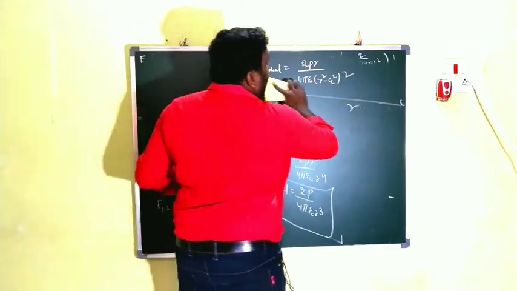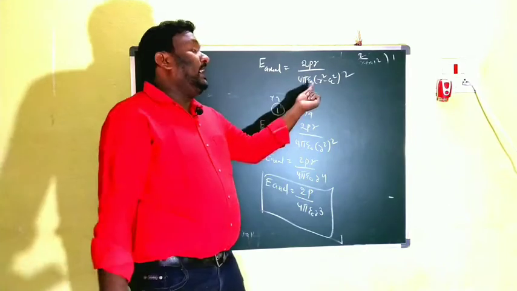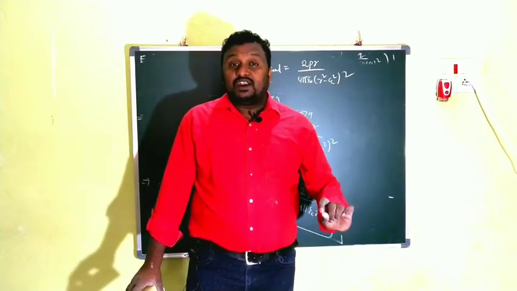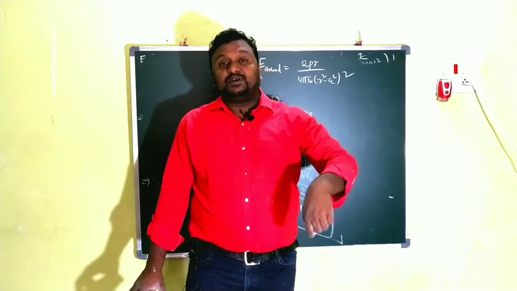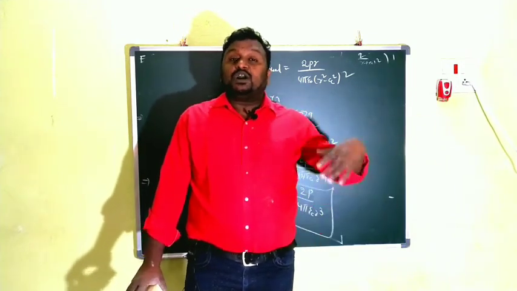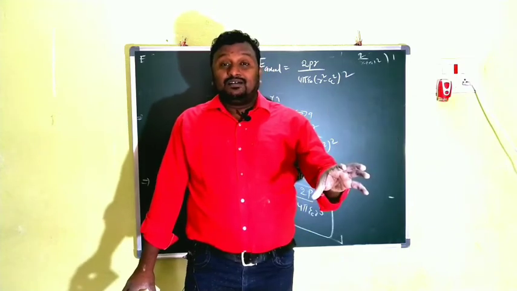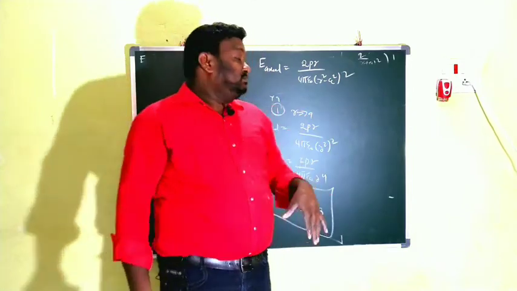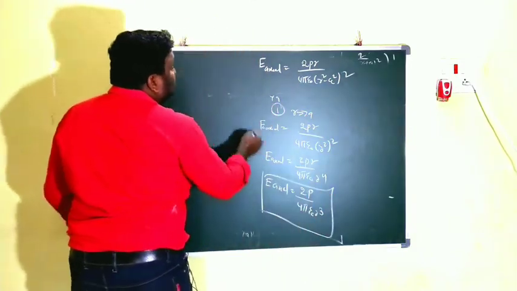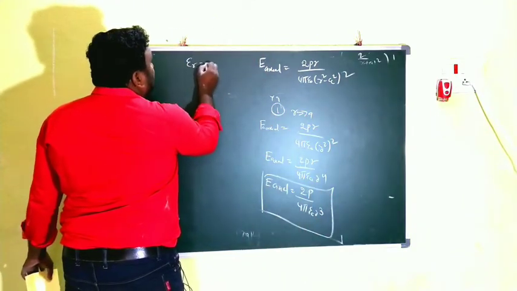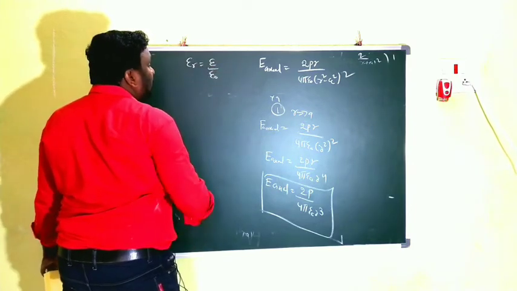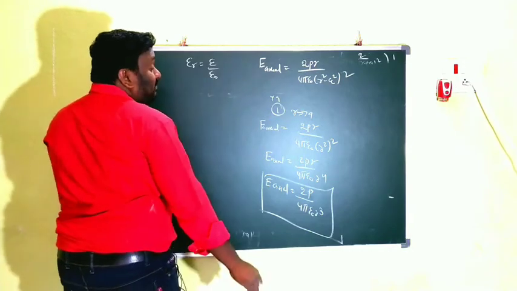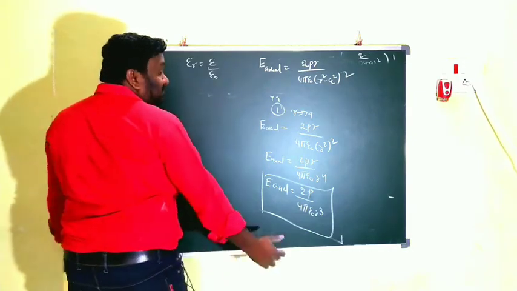Now tell me, in this equation what do you have? Epsilon naught. Epsilon naught is what? Permittivity in free space. That means the two charges we have taken should be kept in free space. If they are kept in a medium, then the equation becomes like this. We know epsilon r is equal to epsilon by epsilon naught. Here epsilon r is the relative permittivity, epsilon is the permittivity in the medium, and epsilon naught is the permittivity in free space.